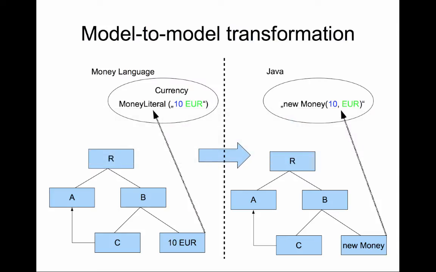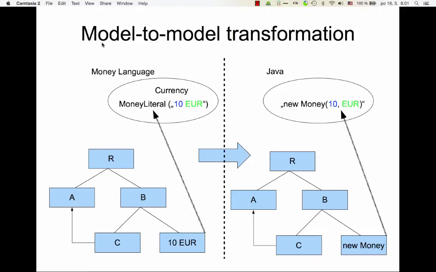So what the generator does, it goes through the model and looks for all nodes that can be reduced, that can be converted into something that's closer to the bottom line language, base language, or Java in our case. So it discovers all money literals and replaces them. And then it would discover all decision tables and replace them, and all parallel loops and replace them. And this would be done in distinct phases.